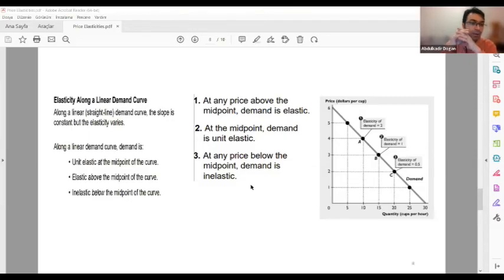So in your mind, your expectations and your preferences will determine your demand and will determine your elasticity.